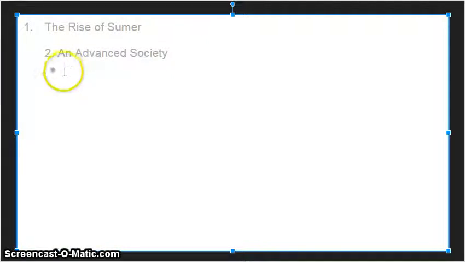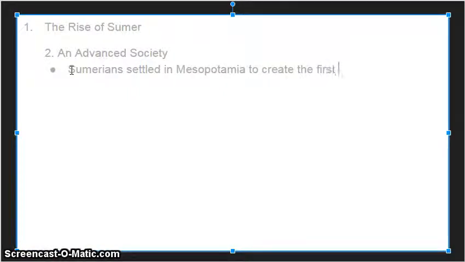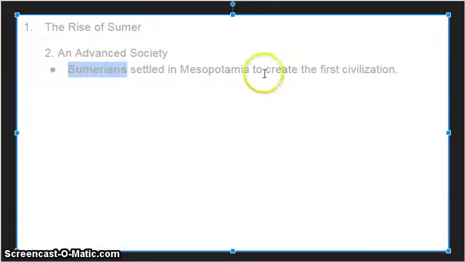This is a point about an advanced society. So what we need to know out of that paragraph is that the Sumerians settled in Mesopotamia, and created the first civilization. And there are those two words that I picked out, Sumerians and civilization.